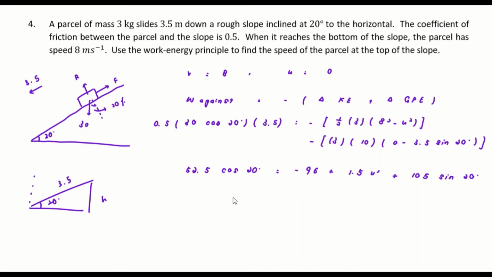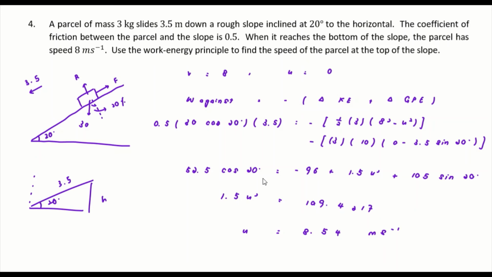When we solve it, we get 1.5 u squared equal to 109.4217, and solving this gives us 8.54 in GSF. I guess this should be very simple because it's just work energy principle. You memorize one more formula here, but if you just use work energy, it works just as well.